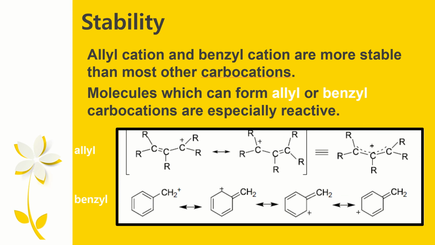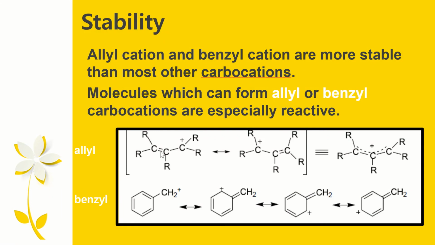All right, so here we're looking at the allylic cation and the benzylic cation, and they're more stable than most other carbocations. Molecules that can form allyl or benzyl carbocations are especially reactive, right?